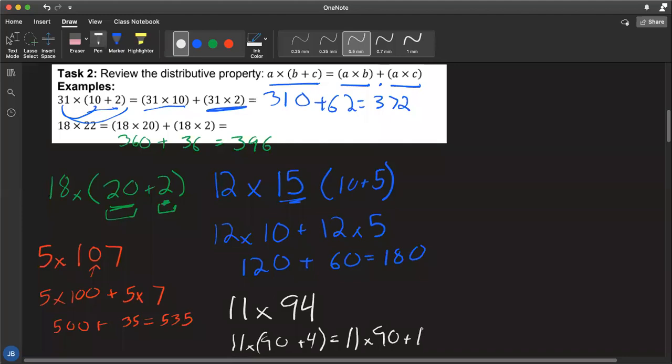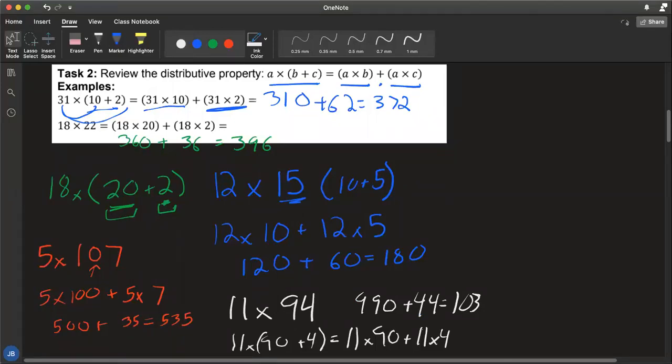Perfect. So, 11 times 90 equals 990, plus 44. Great job. And then that would be 1,030, 1,034.